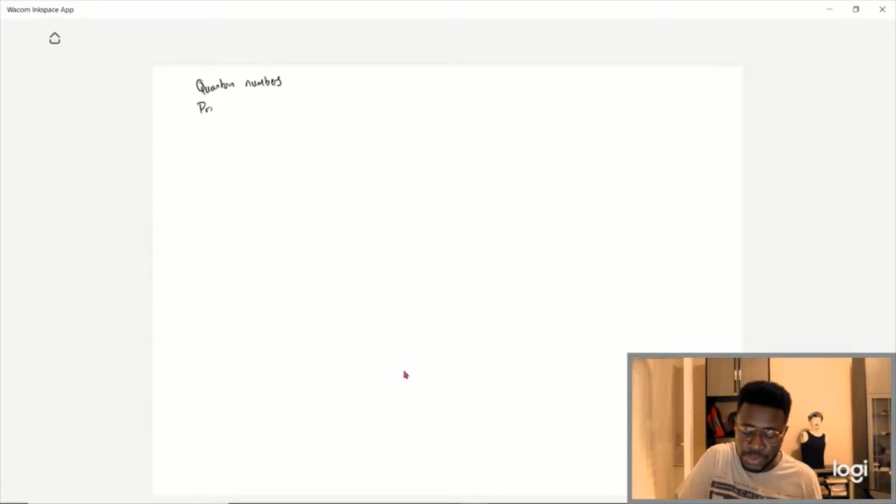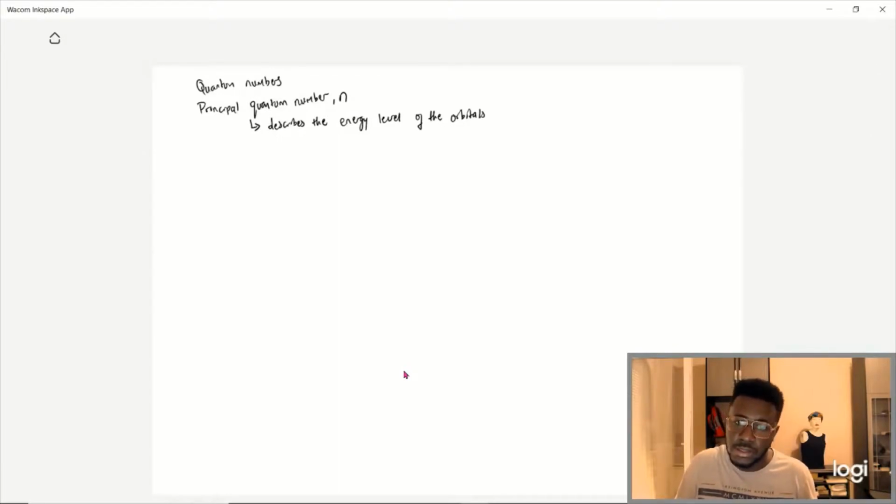Okay, let's start with the principal quantum number. The principal quantum number is written as n. So what does it describe? It describes the energy level of the orbitals. So basically, if you have the nucleus, you have different shells.